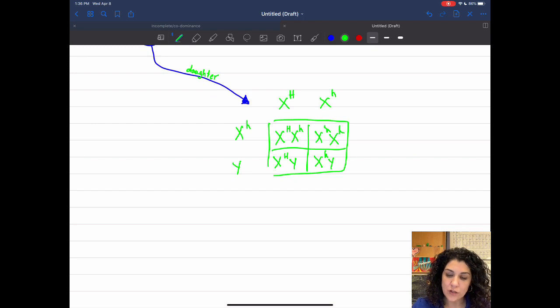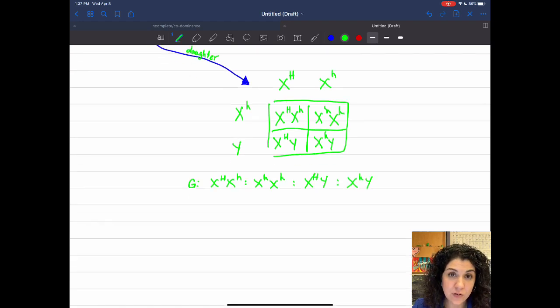So now I have to do a genotype and a phenotype ratio, and I can sort of list them all. So for my genotype, I can say I have that, and for the males I have this, and I have this last one.